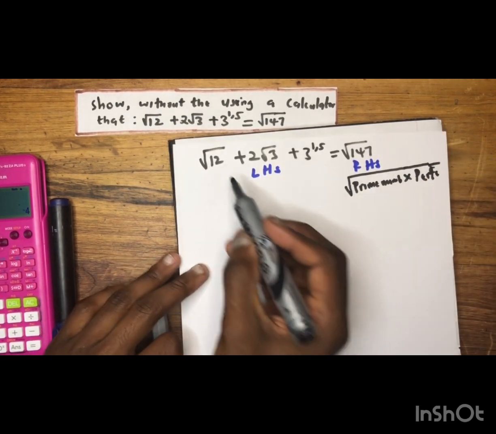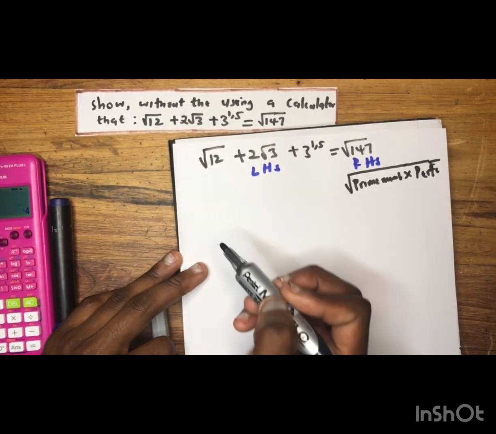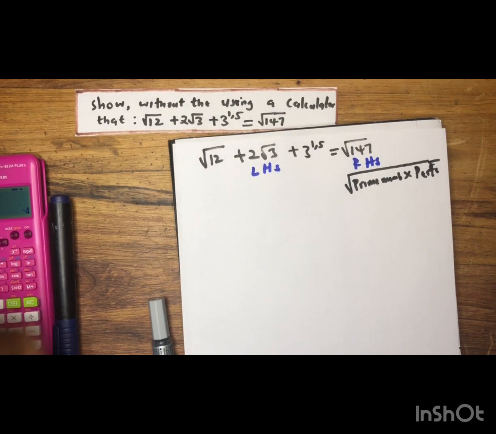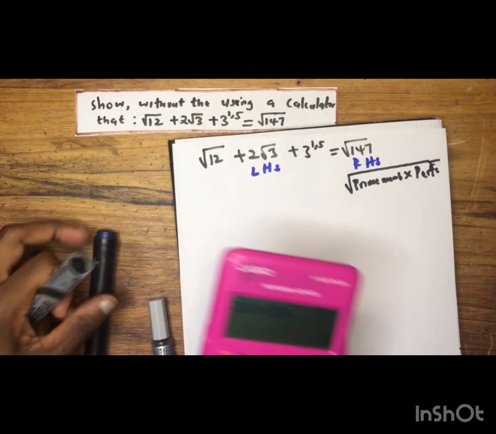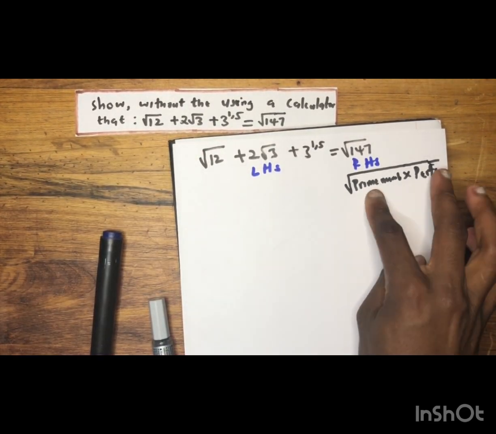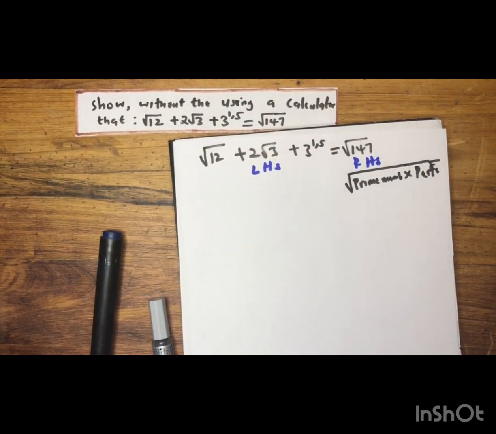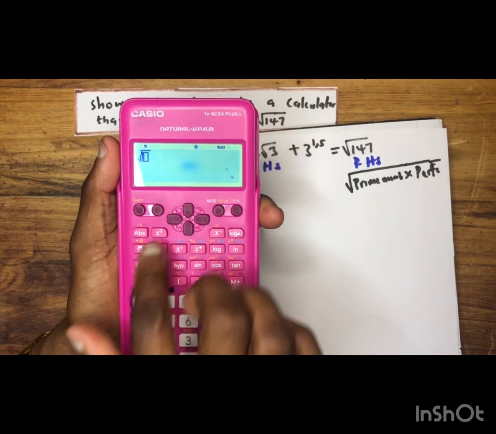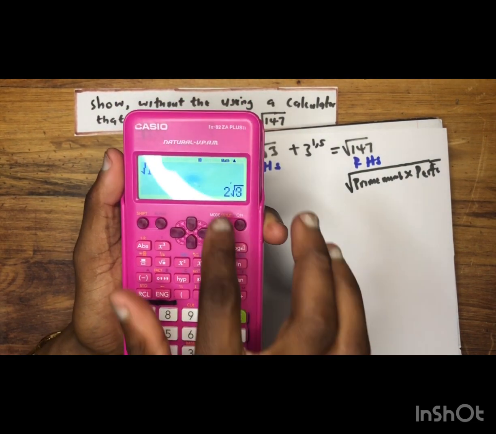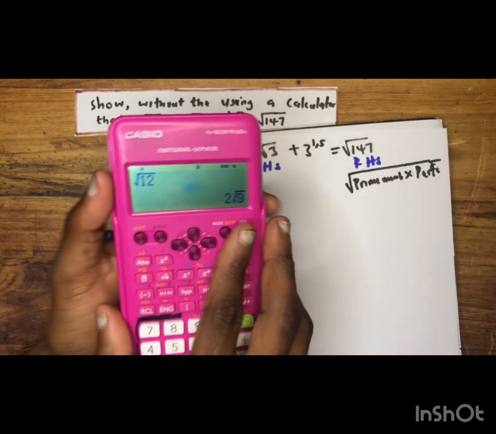So I have root 12 here. So root 12, I showed you how to get a prime number and a perfect number using your calculator, even though they say without using a calculator. You just press root 12. Can you see it is 2 root 3?